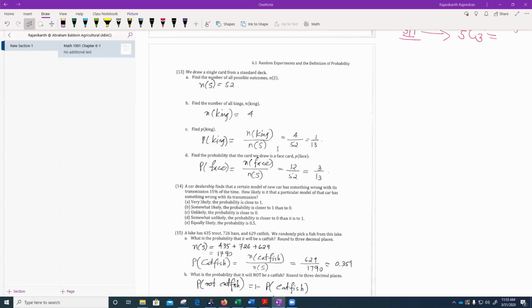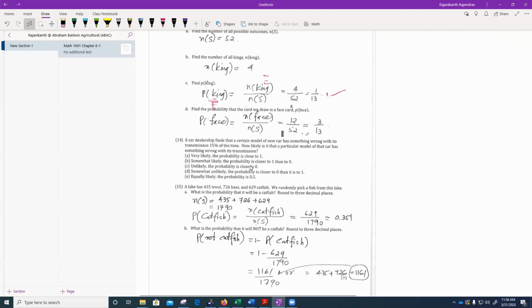Therefore, the number of getting kings is 4. Once you know n of king, then what is the probability of getting a king? The formula says that. So this is my event here, right? The probability of getting a king. So P of E is n of E over n of S. n of E is 4, n of S is 52. Just simplify.